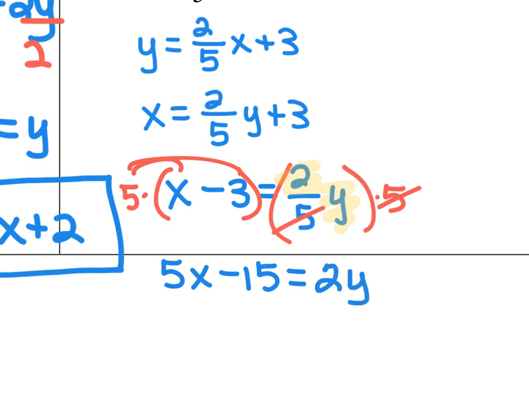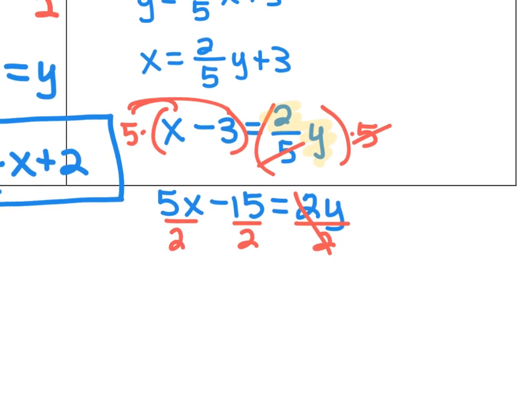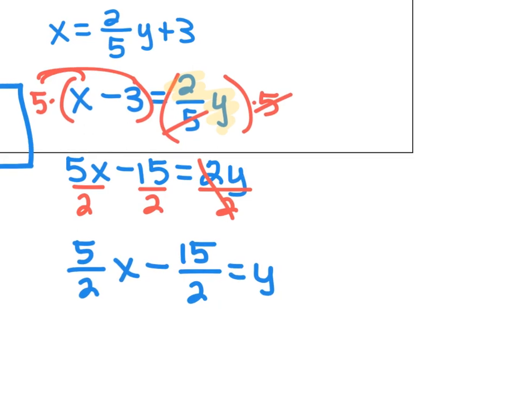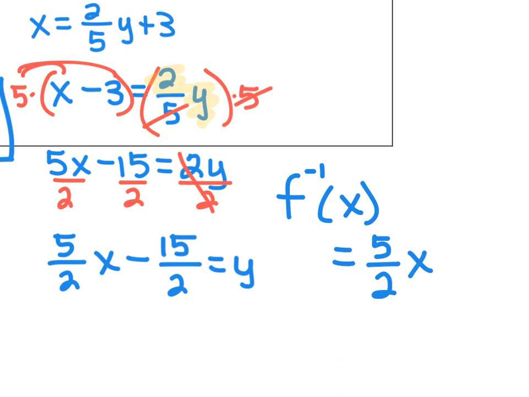Now I'm going to divide each term by 2 so that the 2's cancel with the y, and I get 5/2 x minus 15/2 equals just y. And so my answer in function notation is f inverse of x equals 5/2 x minus 15 over 2.